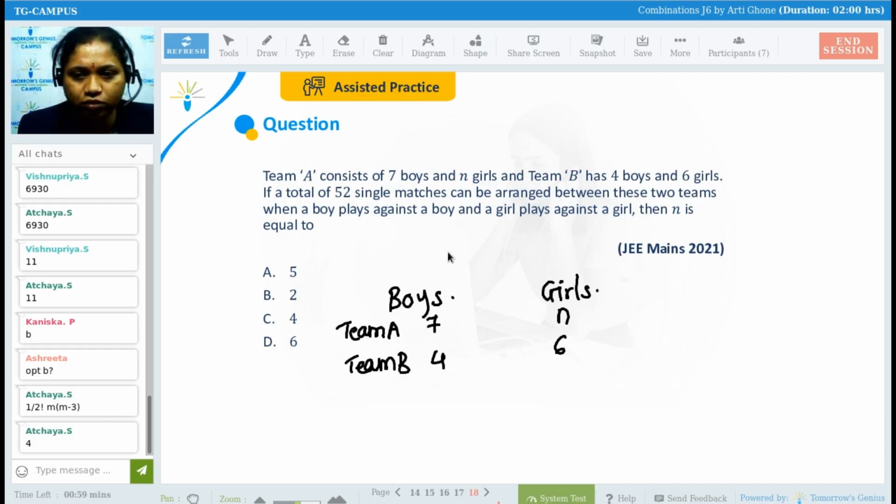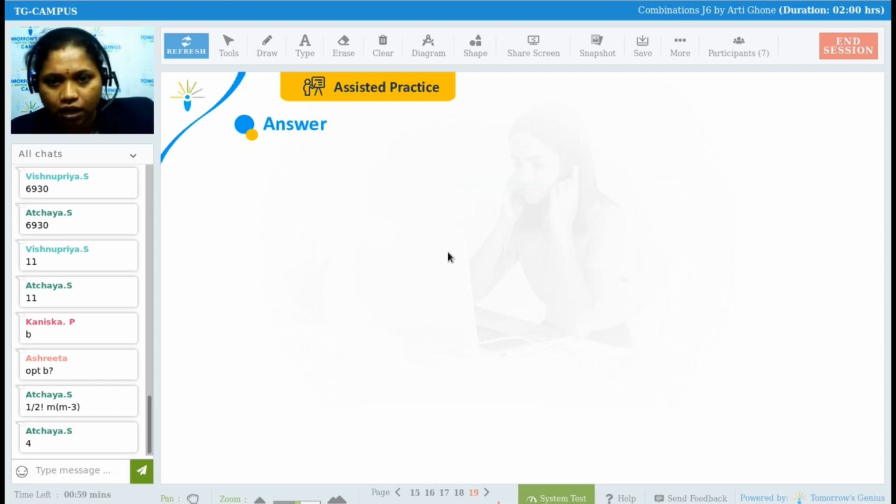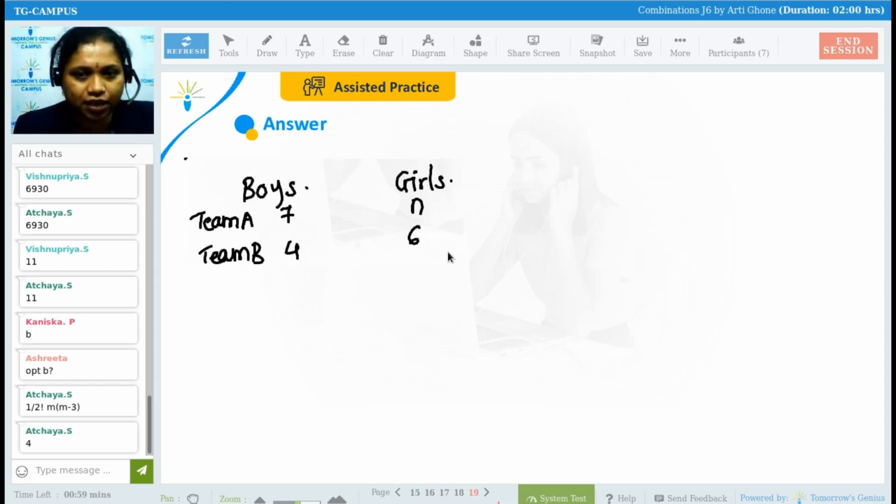First, I'll take down this data on the next page. With the given data, they have incorporated one more word, that is singles. Singles is very important. If it is dual, then we have to select any two students, right? No. Singles matches means one student from team A and one student from team B.